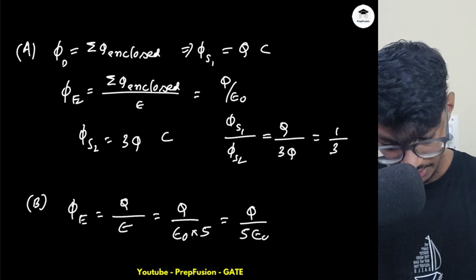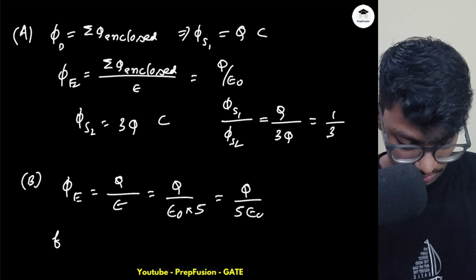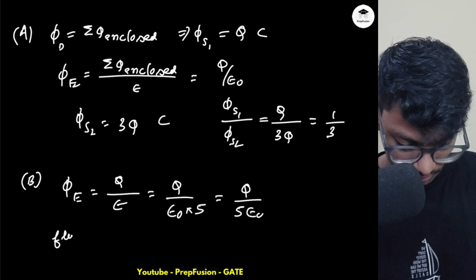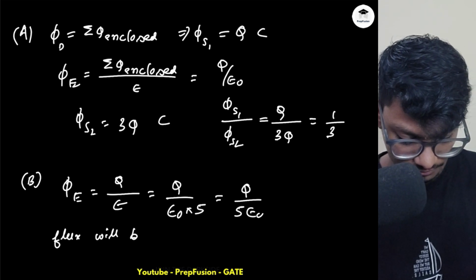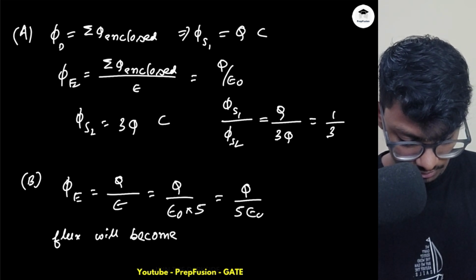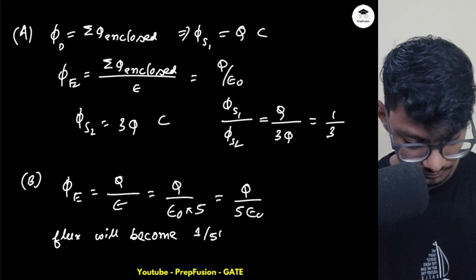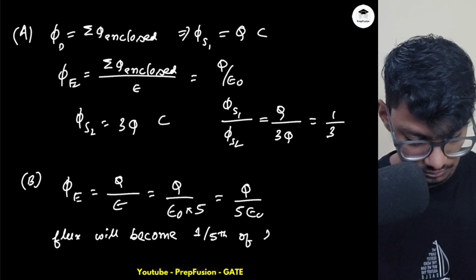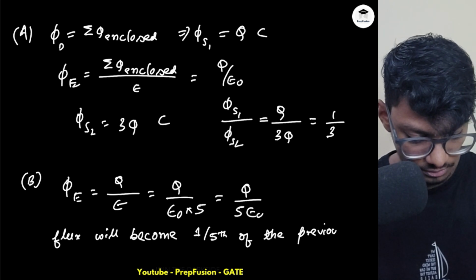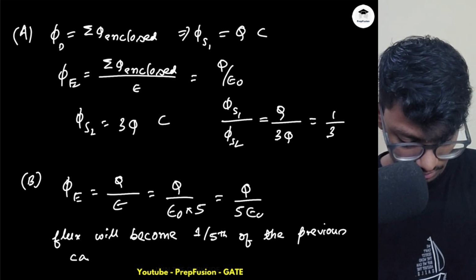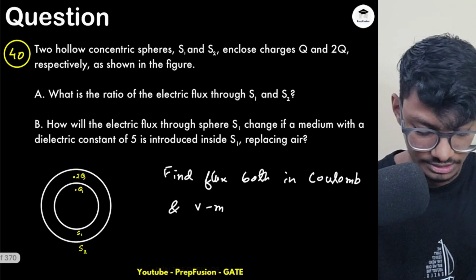So the flux will become 1/5 of the previous case. That is a thing you need to understand.